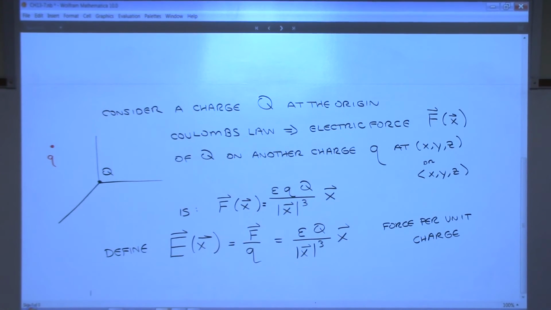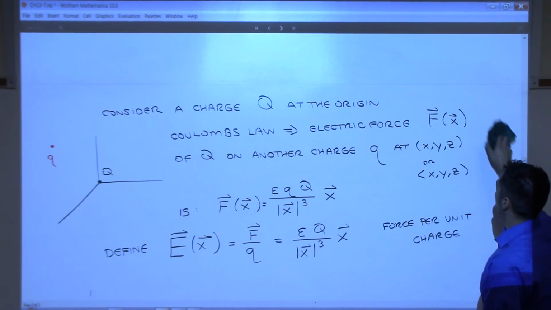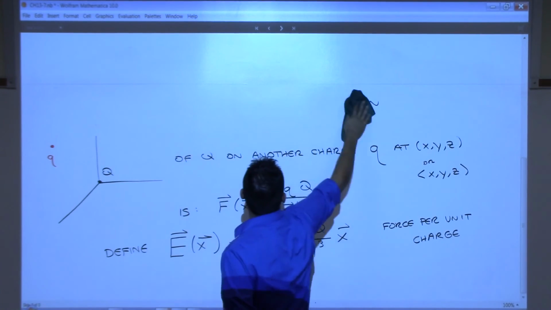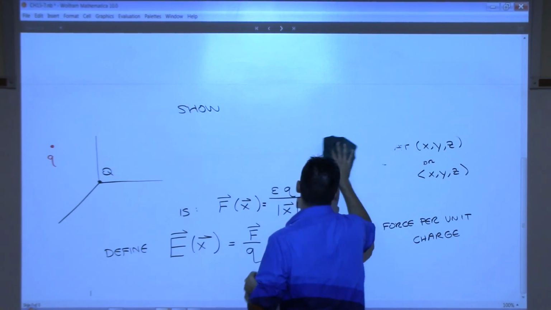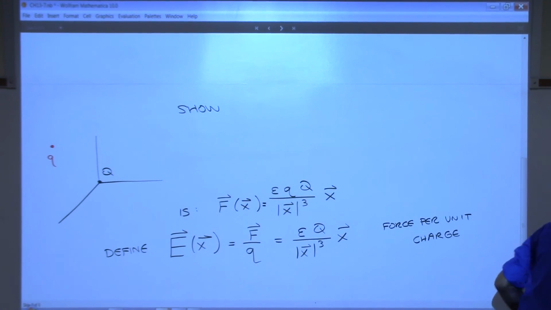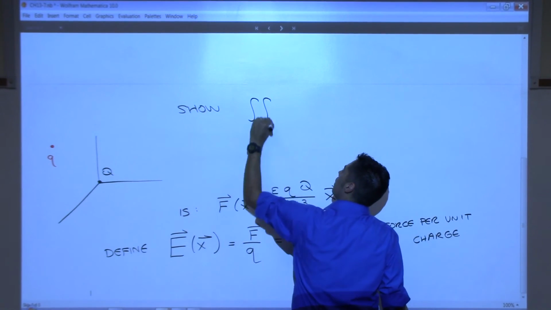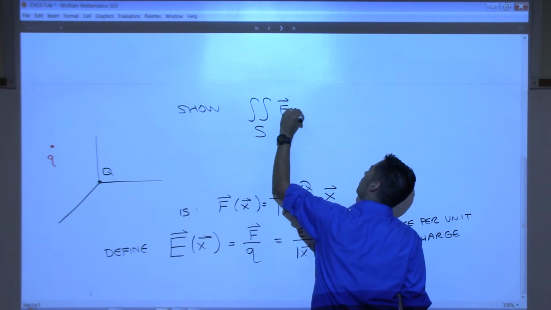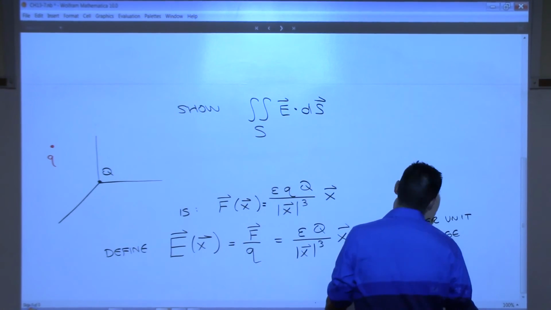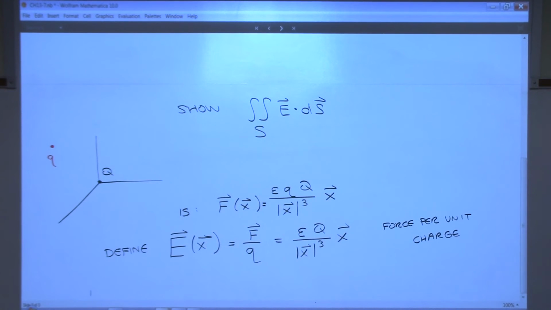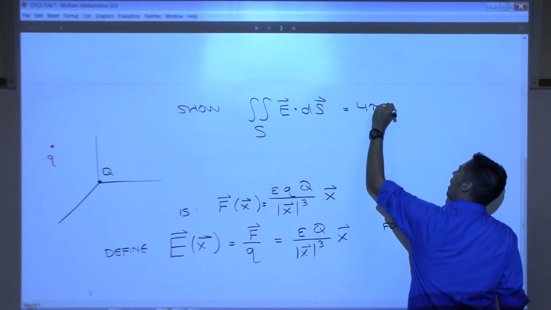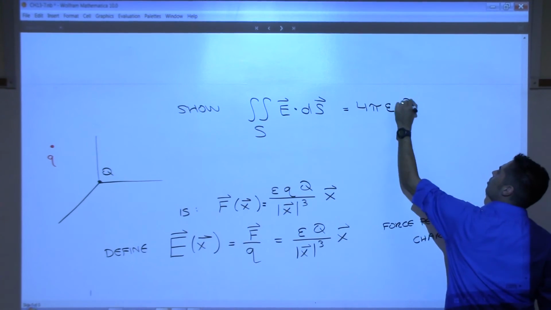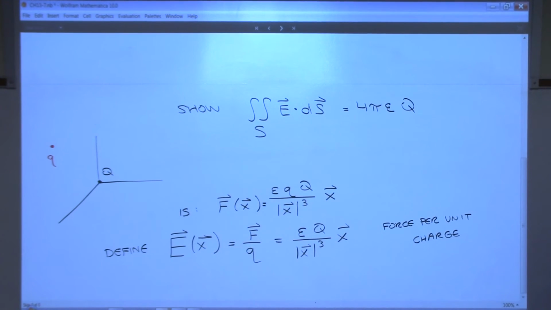All right, what do I want to do now? I want to get to the problem. This is the big thing we're going to work with right here. I want us to show that the flux of E with respect to S, okay, so this surface flux, is equal to 4 pi epsilon times Q. Does that all look familiar?